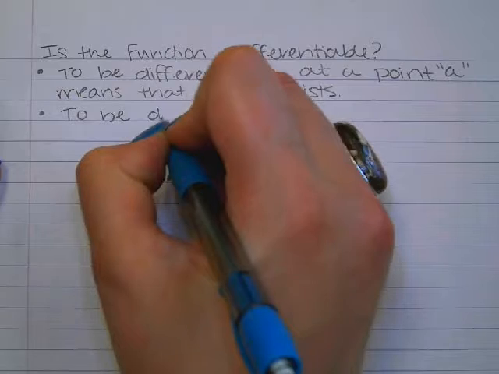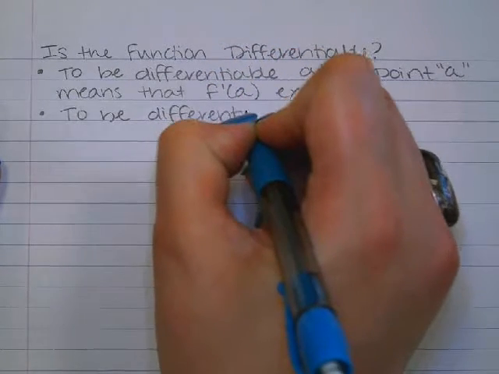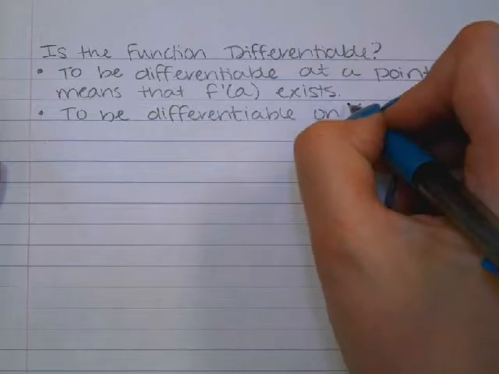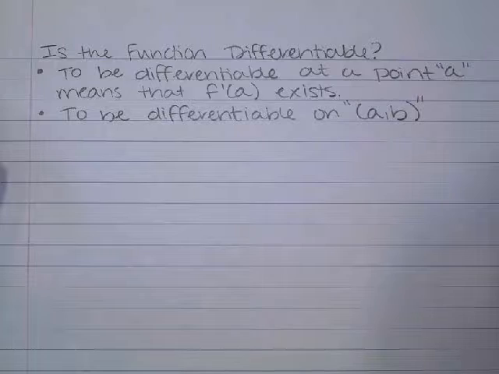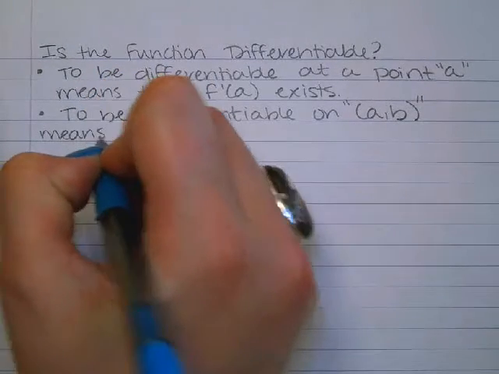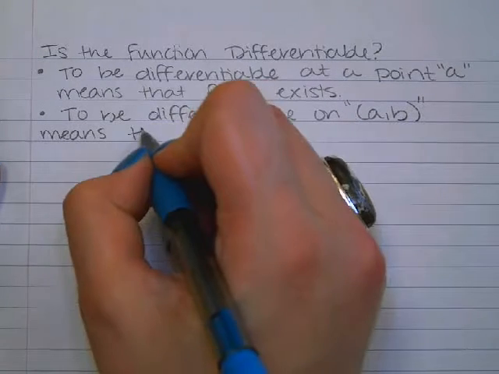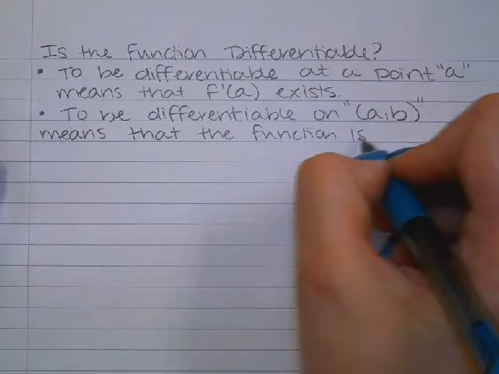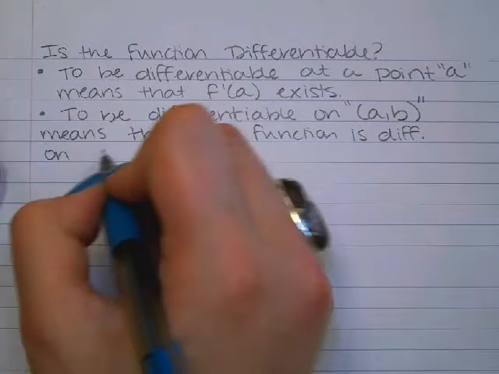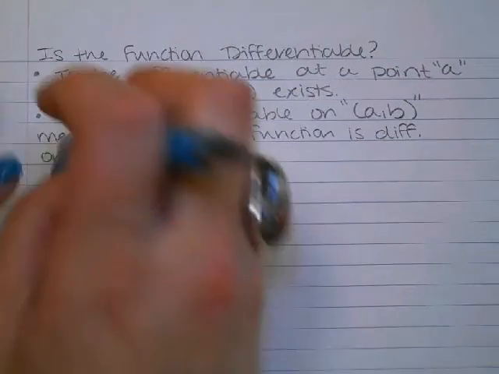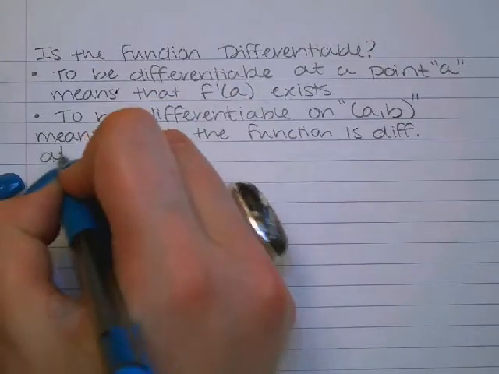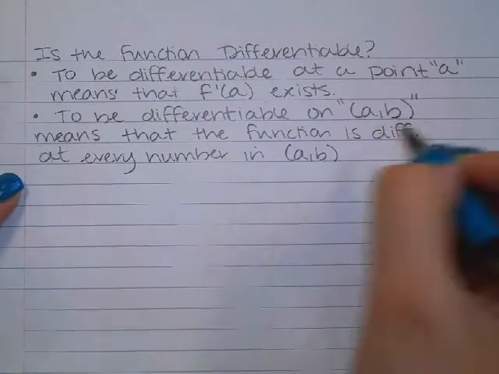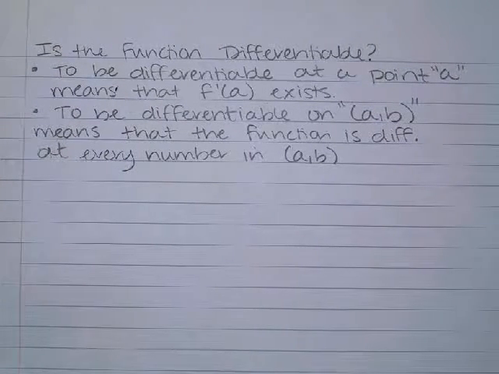To be differentiable on AB, written like that, means that the function is differentiable at every number in the interval from A to B. So if you say that a function is differentiable at a point, that means you can find the derivative at that single point.